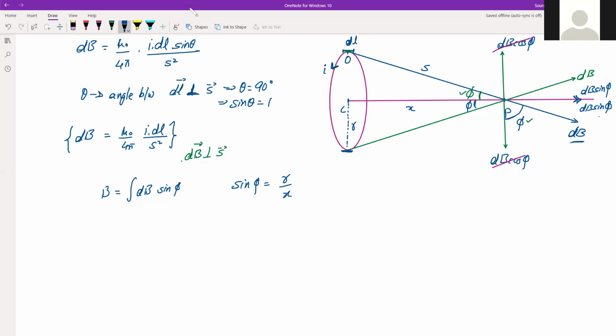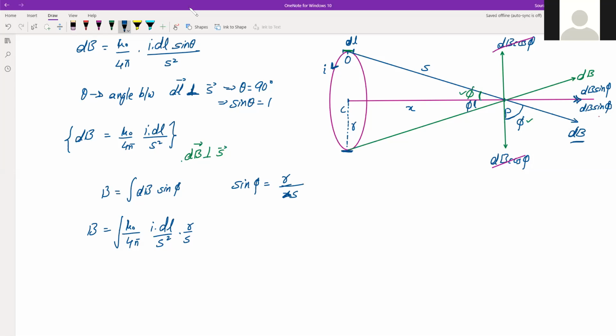So this B can be written as the integration of dB. We have already seen that this is mu naught by 4 pi, I dl divided by S square, into R divided by S. Right?